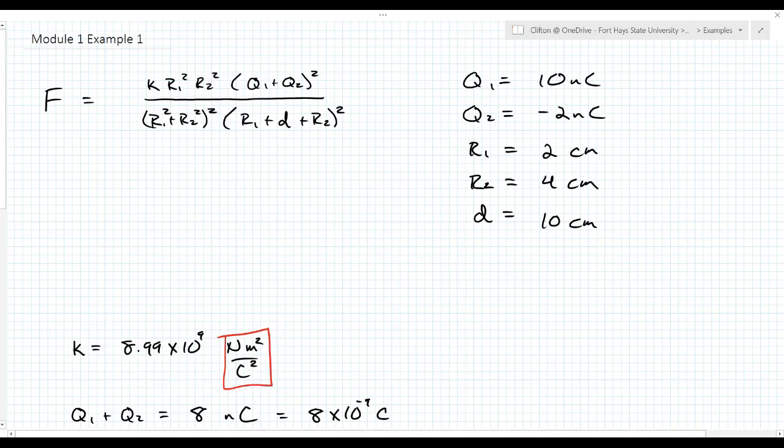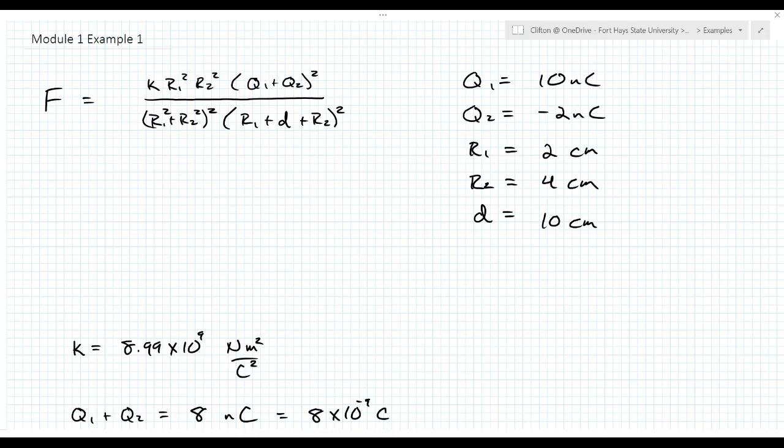So if I try to do a numerical calculation with nanocoulombs, then this coulombs squared is not going to cancel with the nanocoulombs. I can just plug in all the values and do the calculation, but then I would need to make sure that I propagated the units correctly so that I could unit convert this to newtons in the end.